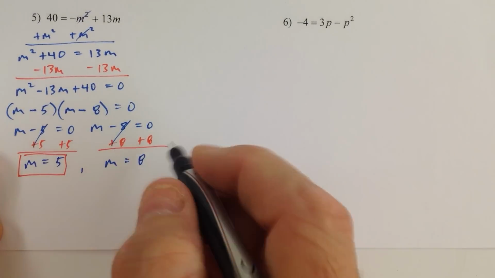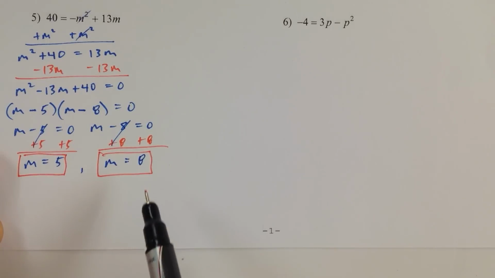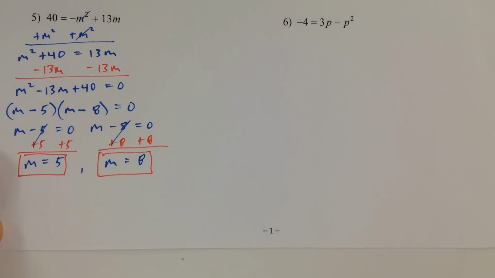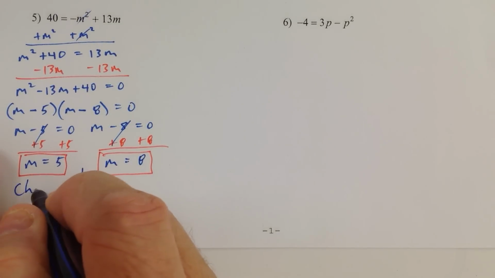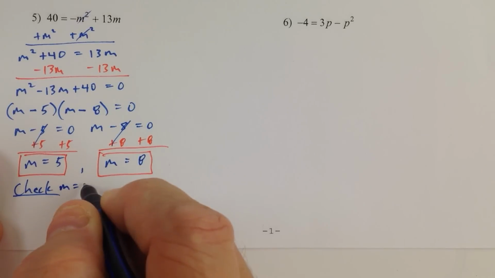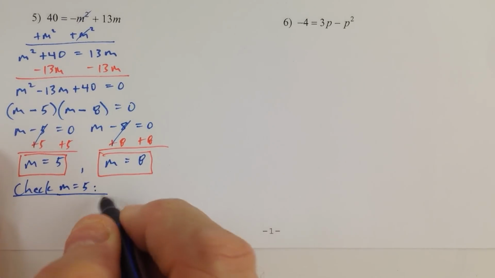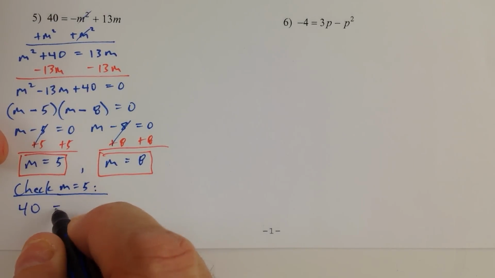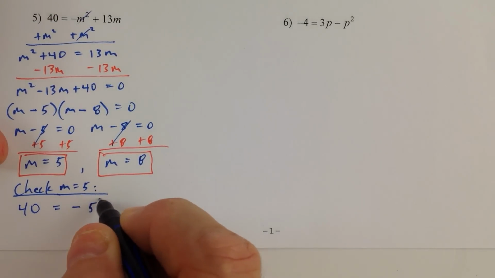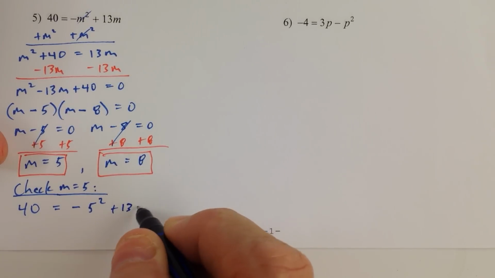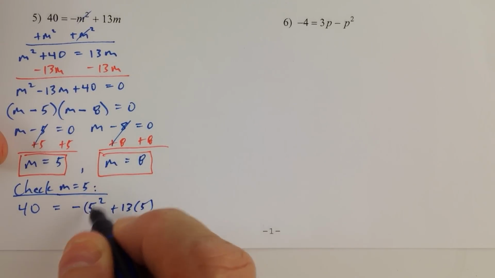I'm going to leave the check to you, so maybe by now you look at this and you go, okay, 5 minus 5. Well, actually, I take it back. Let's check in the original equation. It's more difficult to check in the original equation, but we're going to go ahead and do that anyway, just to show. The question is, does 40 equal -5² plus 13 times 5?